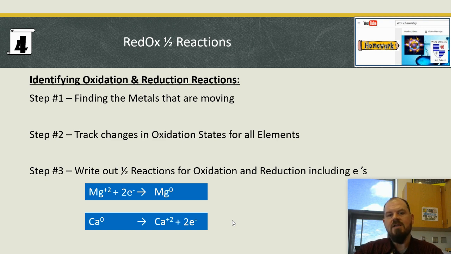If I lose 2 electrons, I become Ca with a +2, and then I add the electrons separately because it done lost those electrons. Okay, and notice now there's 2 electrons on the reactant side and 2 electrons on the product side, so they cancel out.